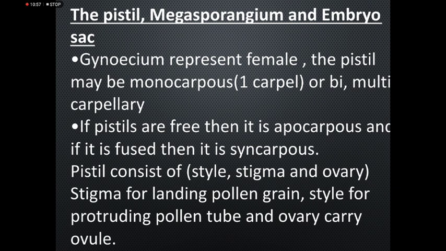Then the pistil, megasporangium and embryo sac. Gynoecium represents the female reproductive structure. The pistil may be monocarpous, that means only one carpel, or bicarpellary, two carpels, or multicarpellary, many carpels.